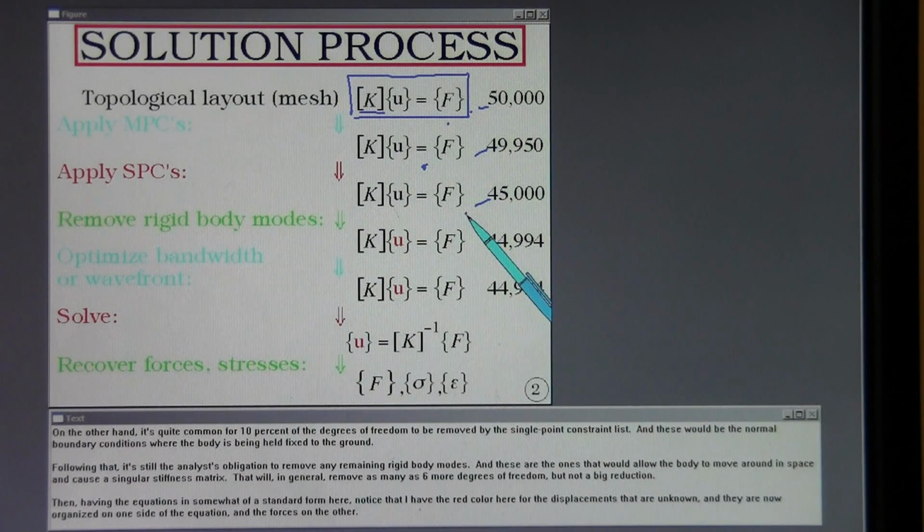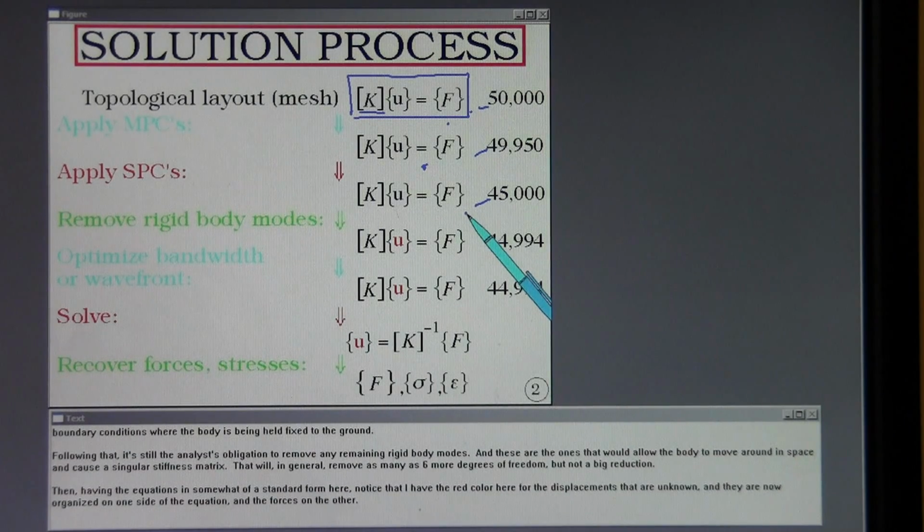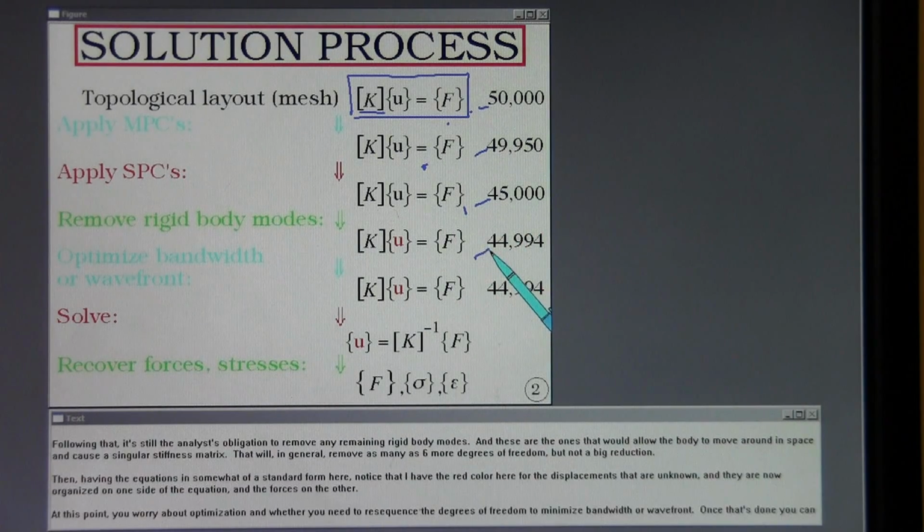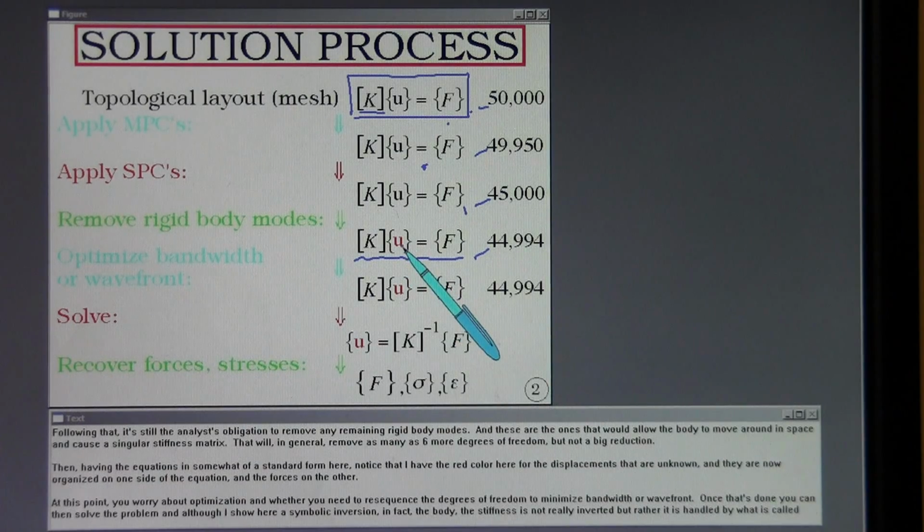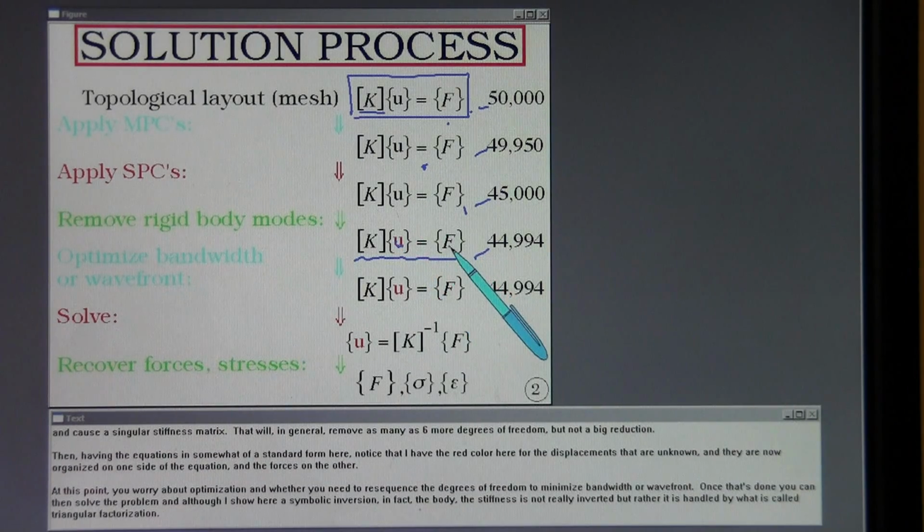And these are the ones that would allow the body to move around in space and cause a singular stiffness matrix. That will, in general, remove as many as 6 more degrees of freedom, but not a big reduction. Then, having the equations in somewhat of a standard form here, notice that I have the red color here for the displacements that are unknown, and they are now organized on one side of the equation and the forces on the other.